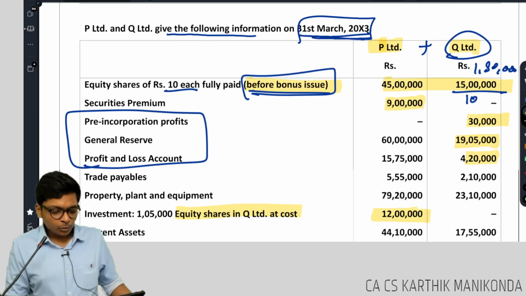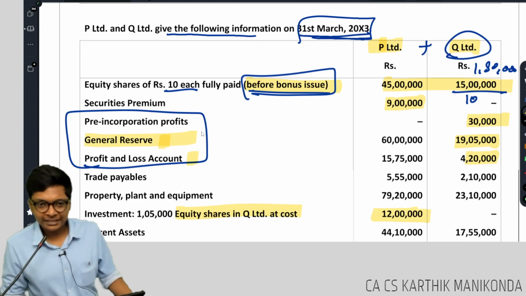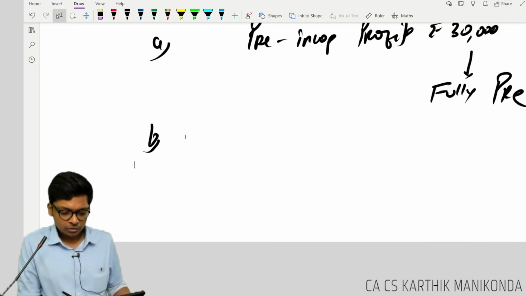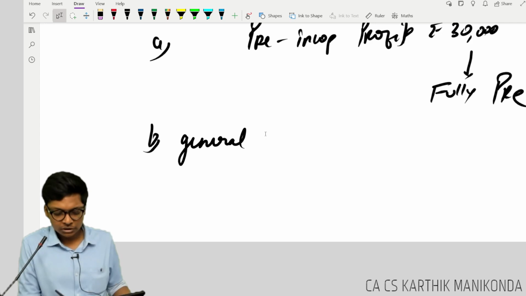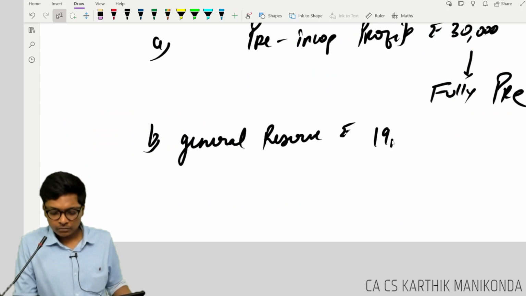Come down. B. Next, what we will take? General reserve or P&L? Your wish. We will go in the same order. Next is general reserve. How much is there, guys? 19 lakh 5,000.